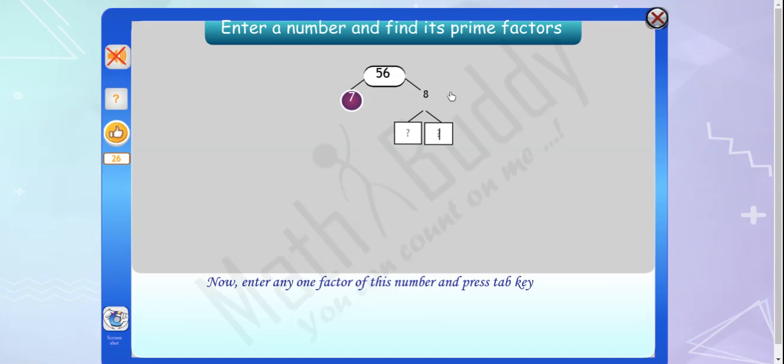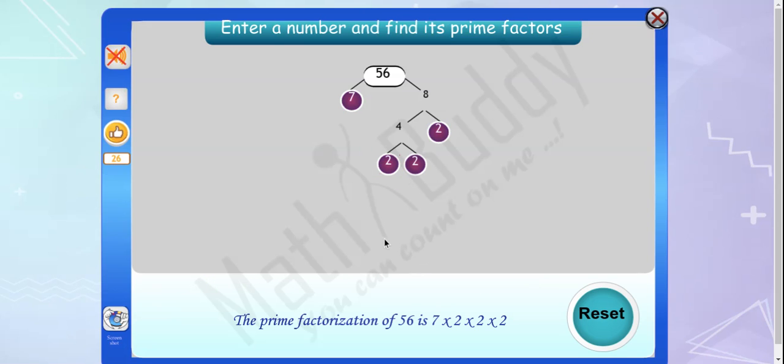Now 8 can be further obtained by multiplying 2 and 4, right? So let's put 2 and 4 automatically shows up. How can I get 4? I can multiply 2 by another 2, right? Now we have reached a stage where all the numbers that you see here are prime numbers.